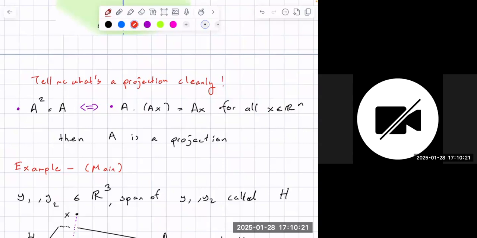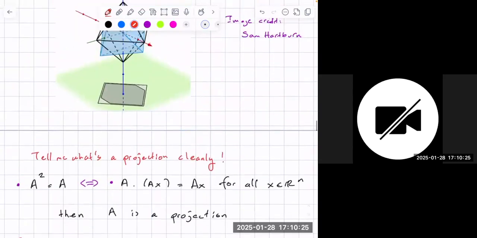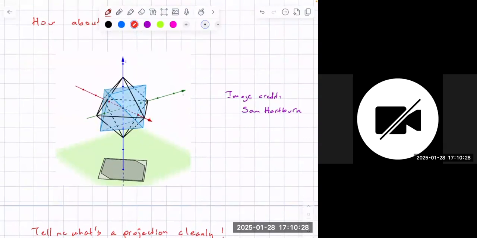AX is the same thing as A squared X, then that's a projection. In the picture above, suppose my projection was taking stuff from 3D and putting it down onto 2D. After I arrive at 2D, if I do it again, nothing changes. I'm already on 2D, okay? That's a precise way of saying a projection.